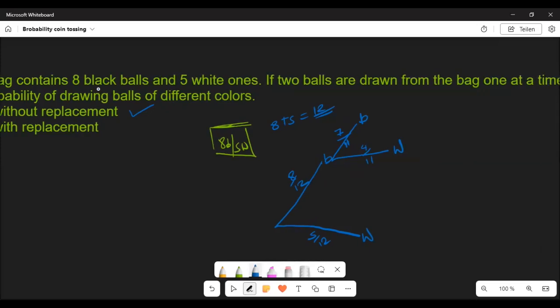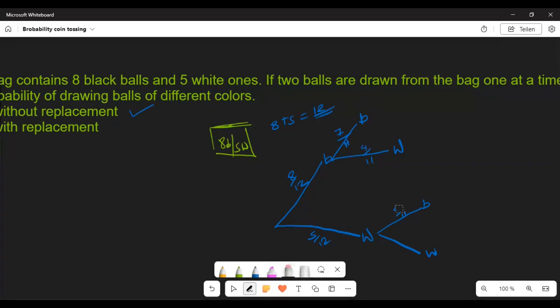Then the same here, the probability of now getting a black one and the white one is going to change. So here we're going to have 4/11, and the probability of getting a white one is going to be 7. Sorry, I messed that one up a little bit.